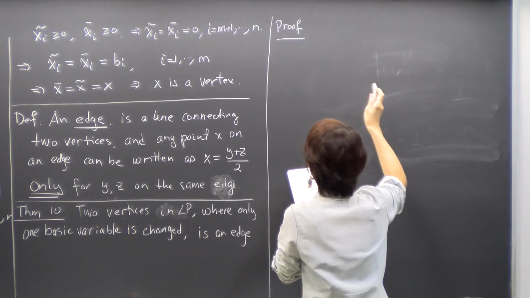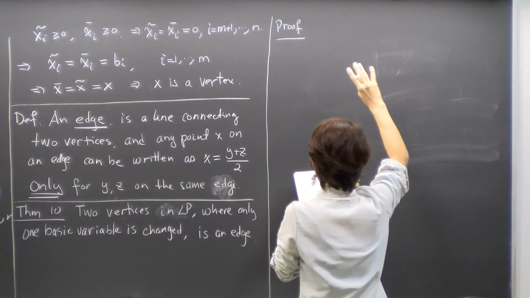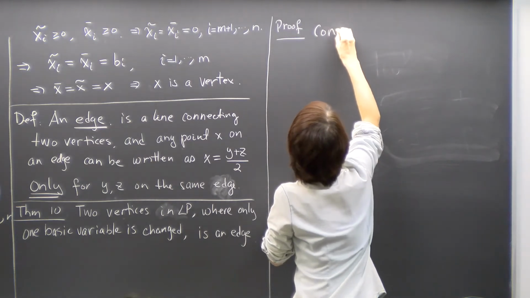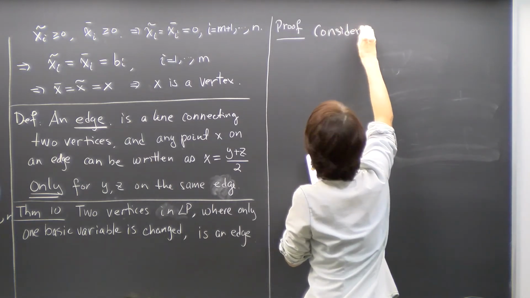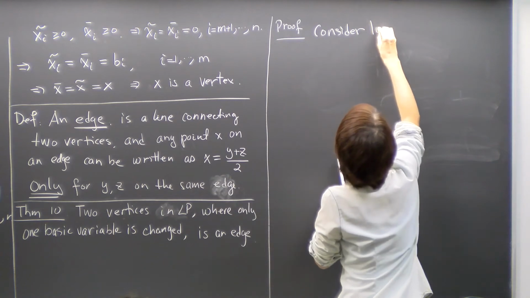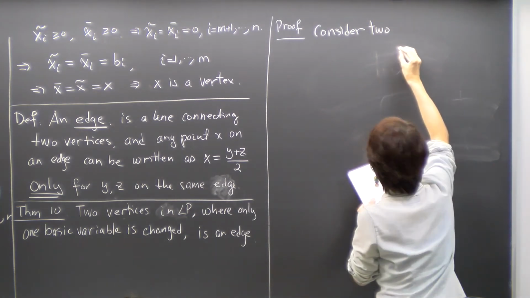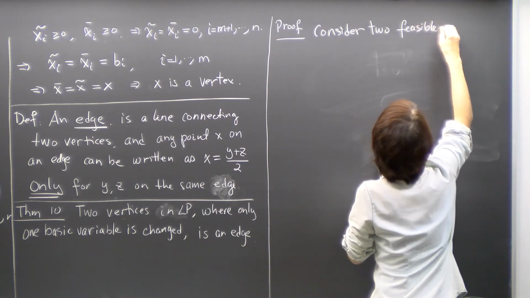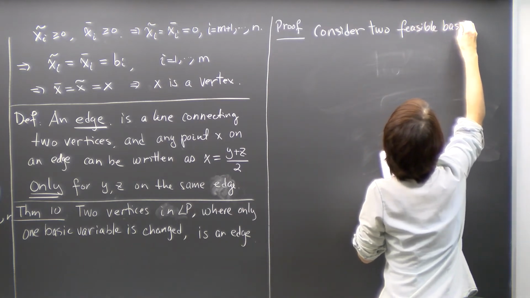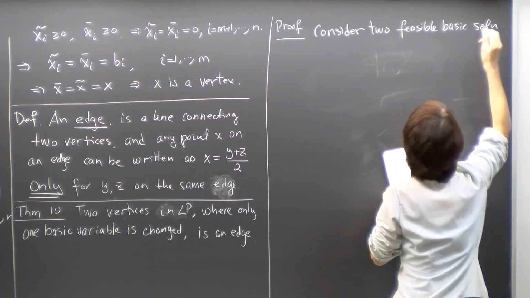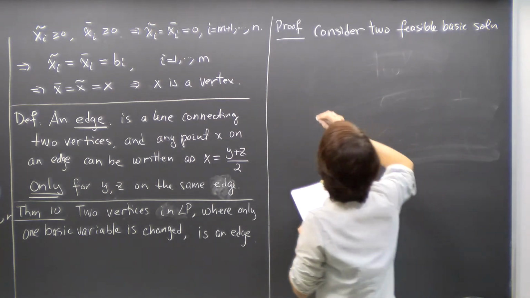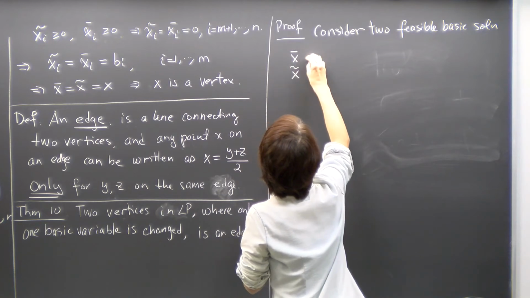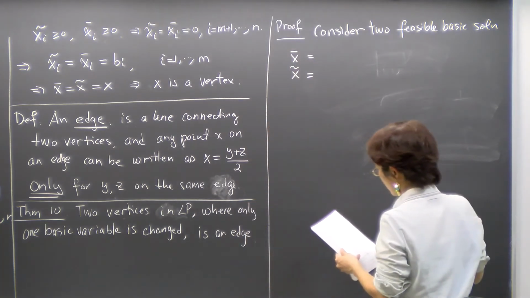By possibly rearranging indexes, I can just consider the following case, which is general. So consider two feasible basic solutions, I call them x bar and x tilde, in the following form.